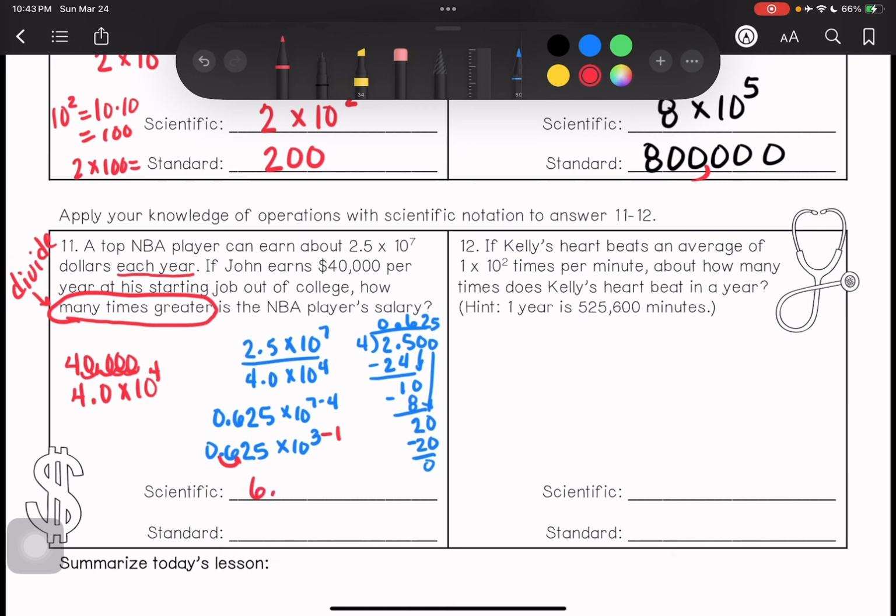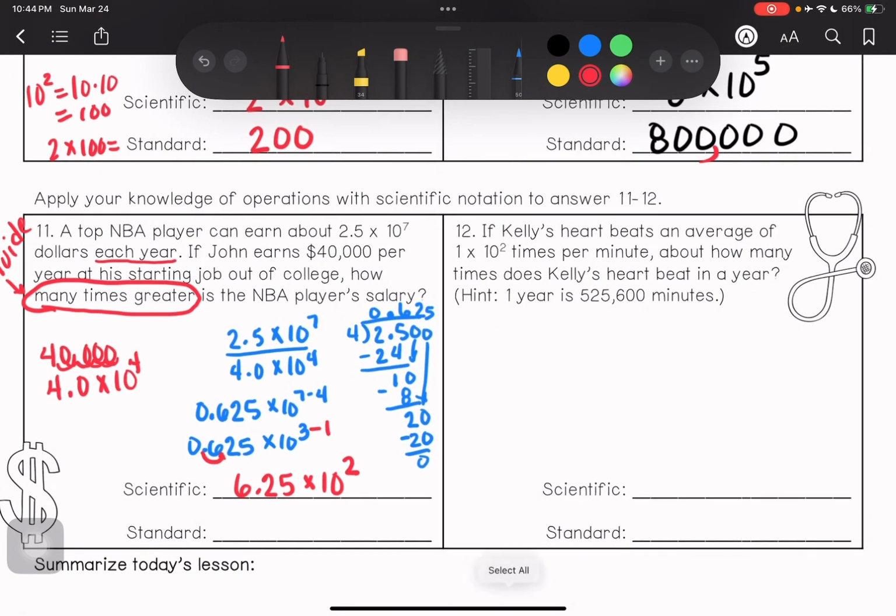So in scientific notation, it's 6 and 25 hundredths times 10 squared. In standard form, you move the decimal 2 times to the right. So that's 625 times greater. And the times greater goes for both answers, the scientific and standard.